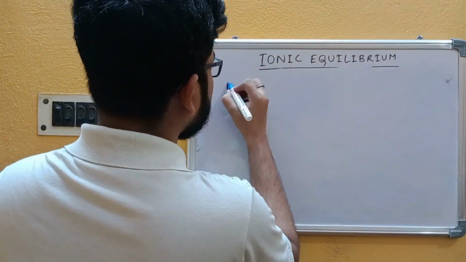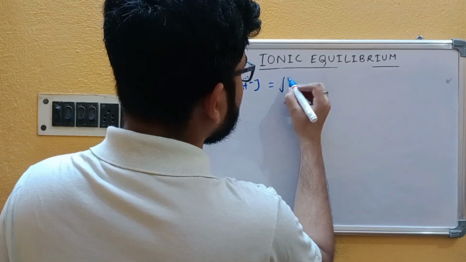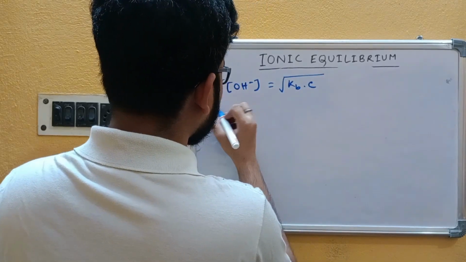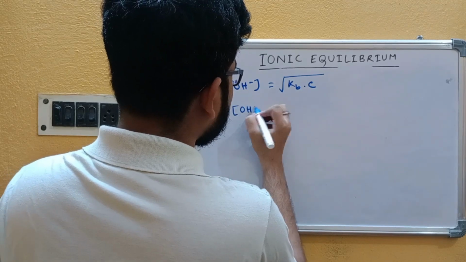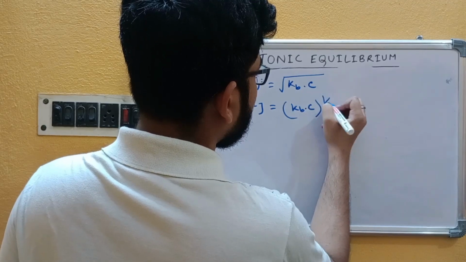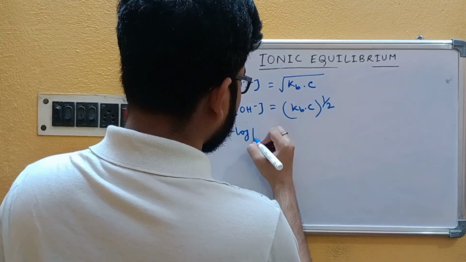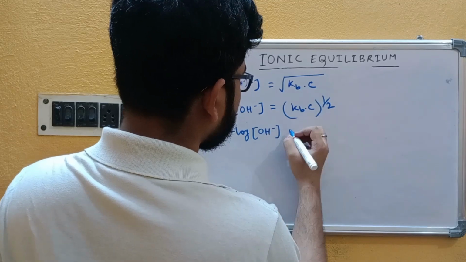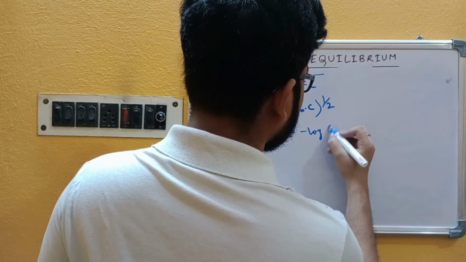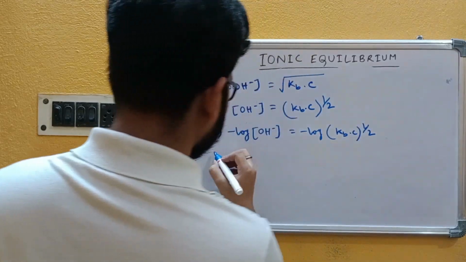Similarly, OH minus of a weak base in an aqueous solution is Kb into C whole to the power half. If we take negative logarithm on both sides, minus log OH minus is equal to minus log of Kb into C to the power half.